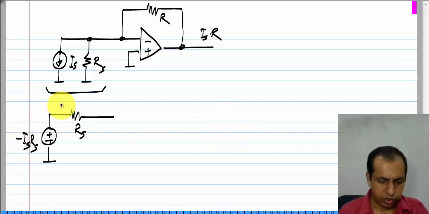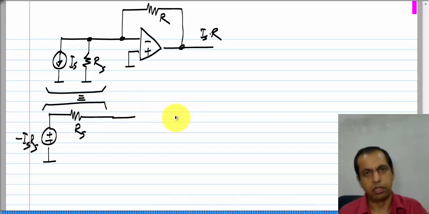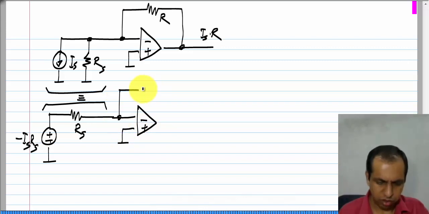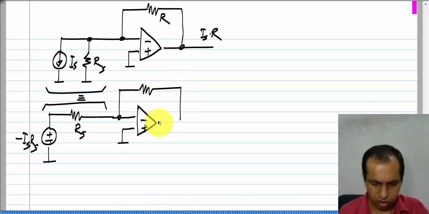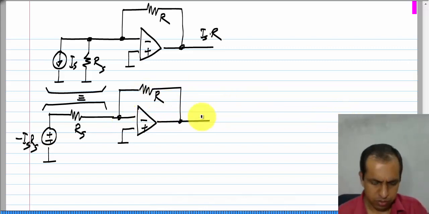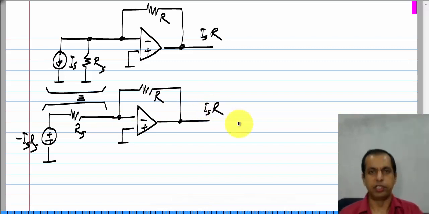Okay. So, these two are exactly equivalent. Okay. And now the output voltage is still exactly the same, I s times R.